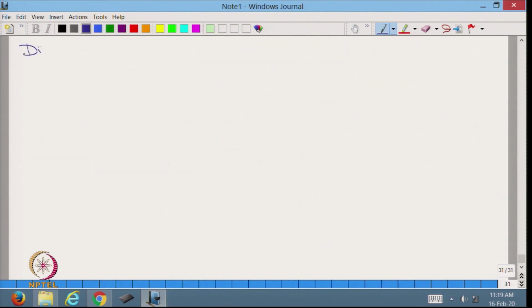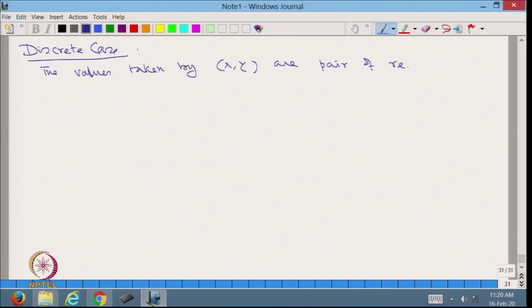So, the discrete case: the values taken by (x, y) are a pair of real numbers.